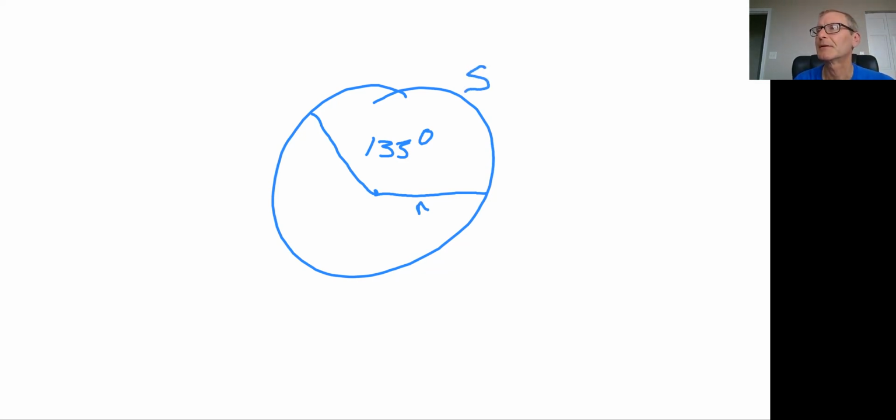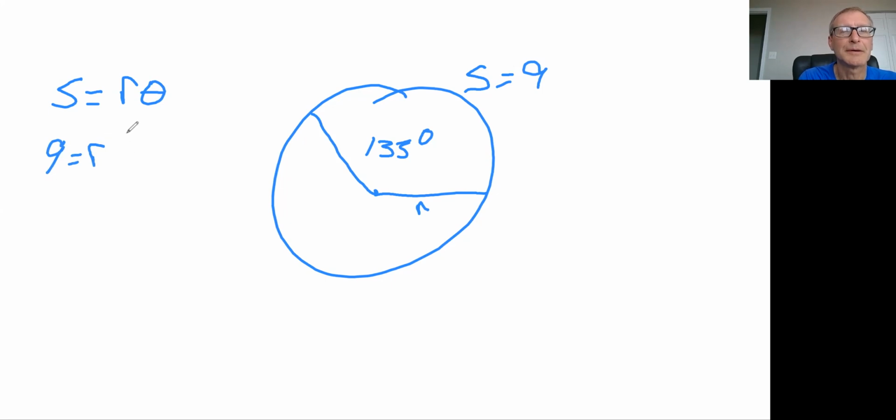Again, I don't need to memorize these formulas. Let me just double check what it is, make sure I don't screw this one up. Yes, the arc length is r times theta, and again, theta has to be in radians. So the arc length is 9, so you have 9 equals r times 135 degrees, and then pi over 180 to get it into radians.